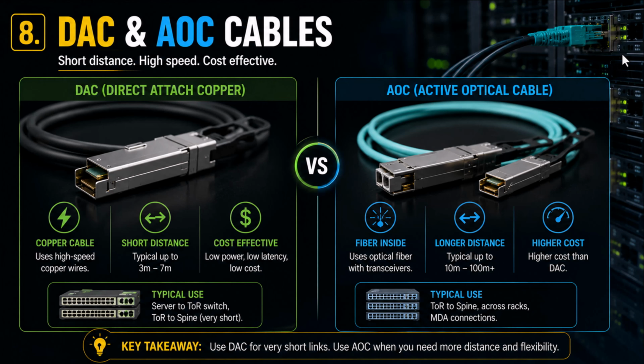It uses optical technology and can provide more flexibility over longer distances compared with DAC. You'll often see these technologies connecting servers to top-of-rack switches or connecting network devices where the required distance makes sense. So again, the choice depends on the environment, distance, speed, and design.